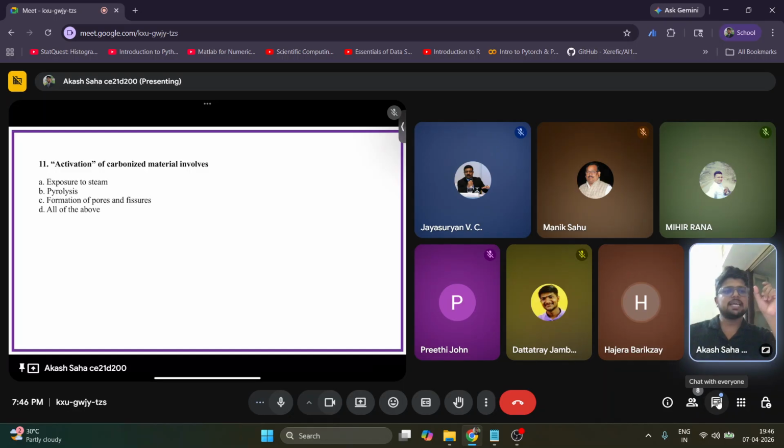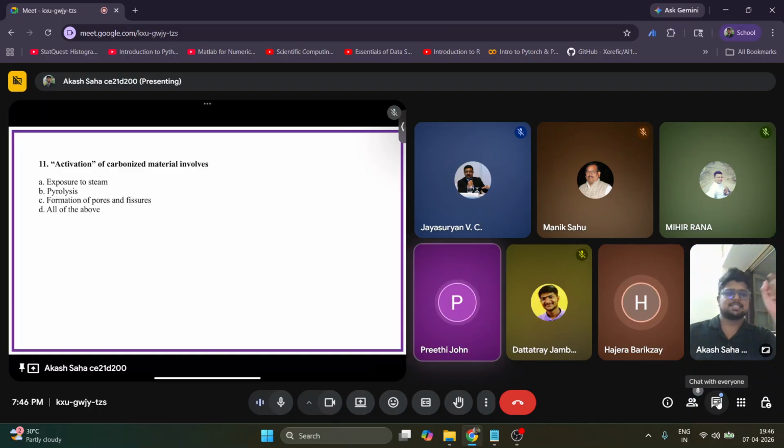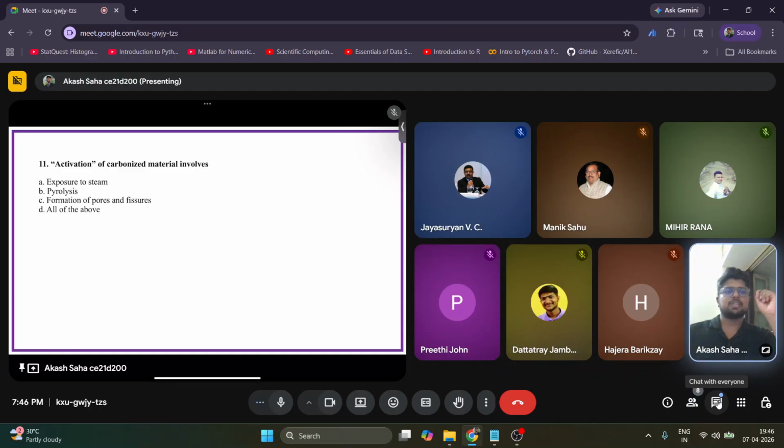What is the key thing in pyrolysis? Absence of oxygen. That is something known as carbonization, and that is not activation. So options A and C are correct. Pyrolysis does not activate the carbonized material. Exposure to steam and the formation of pores and fissures are related to activation.